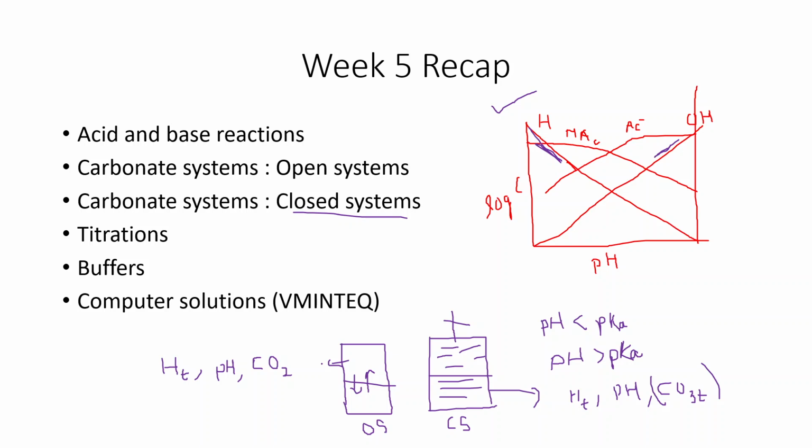So what is the difference between the open system and the closed system? In the closed system, the total species will never change. Total species inside the water will never change, either it can be H plus or carbonate or anything. However, in the open system, the quantity of the species may change in the aquatic system because there can be influx or efflux of carbon dioxide, which is in equilibrium with carbonic acid.